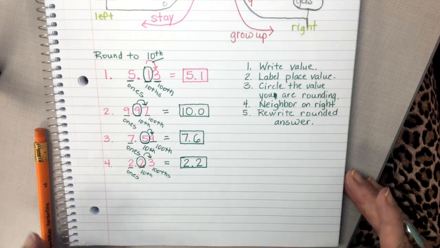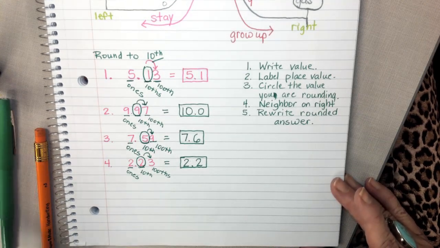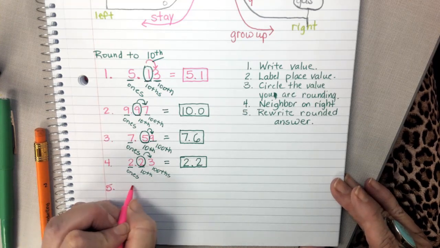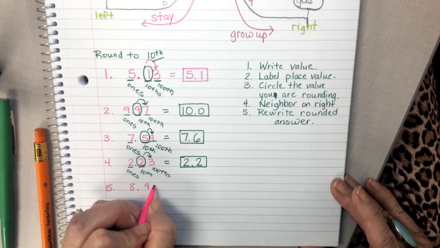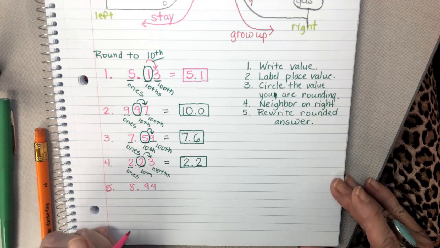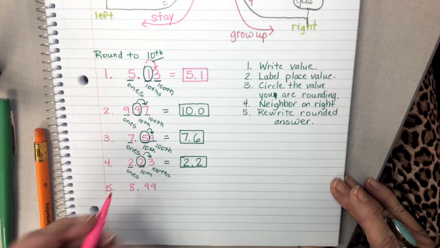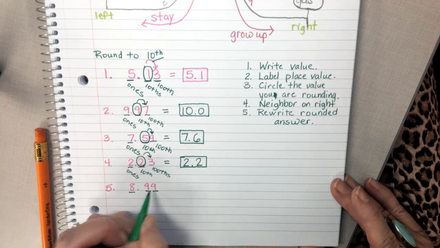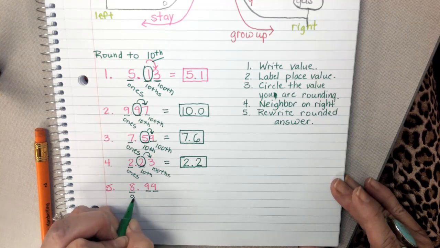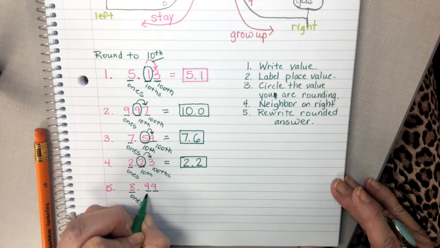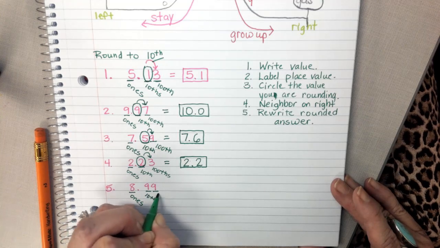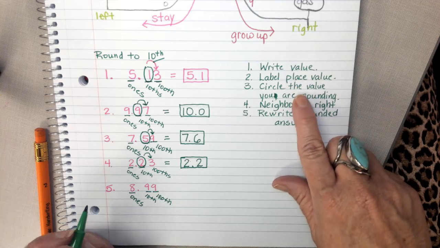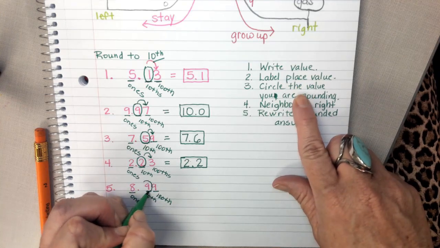All right, we have one more that we're going to put in our notes, question number 5. And this value is 8 and 99 hundredths. Again, I'm going to underline the place value. I'm going to think about the ones, the tenths, and the hundredths. We're going to circle the value in the tenths place.